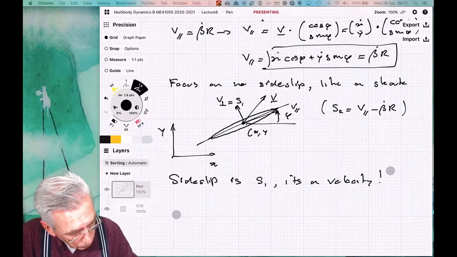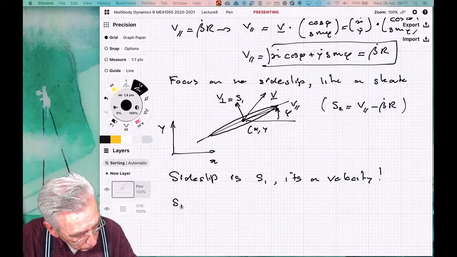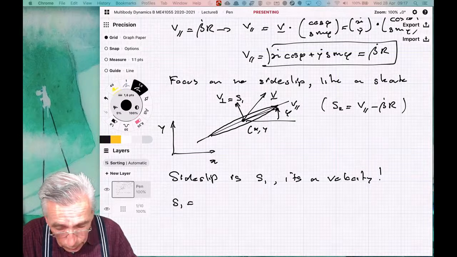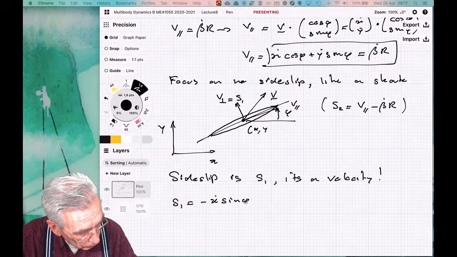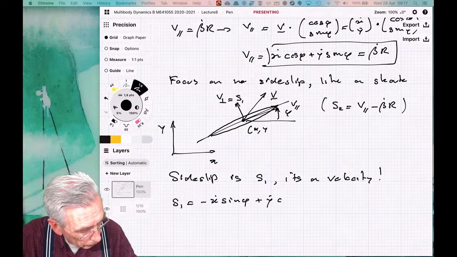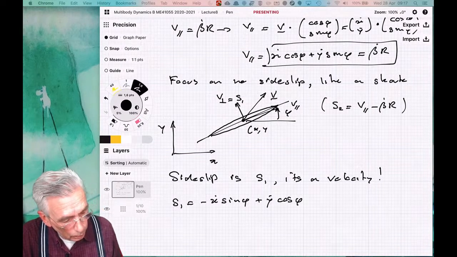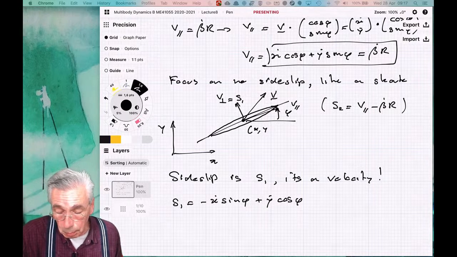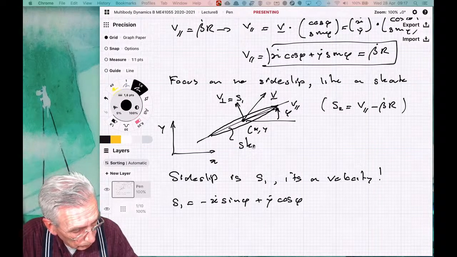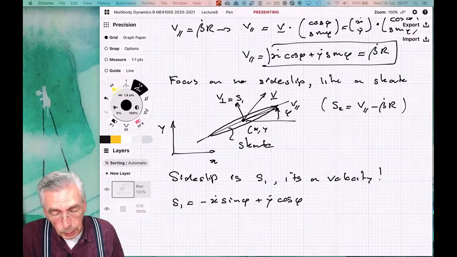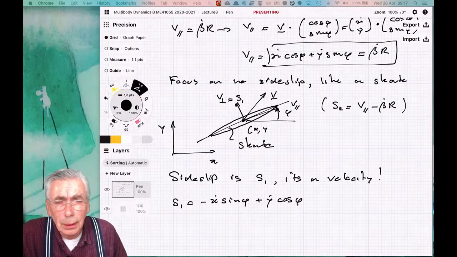And again, we can borrow that expression. This side slip S1 is then simply defined as minus x dot sine phi plus y dot cosine phi. And if we look at it, so this is a skate, I should say, it's simply a constraint, right?